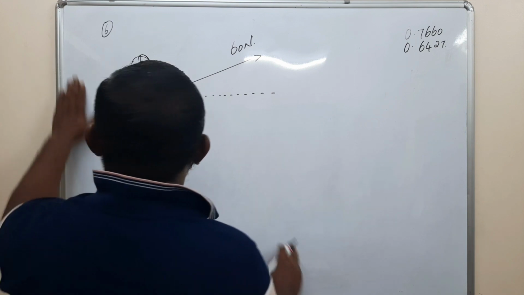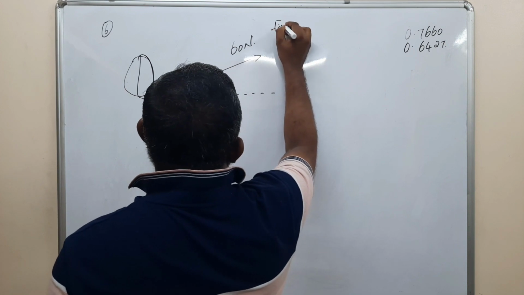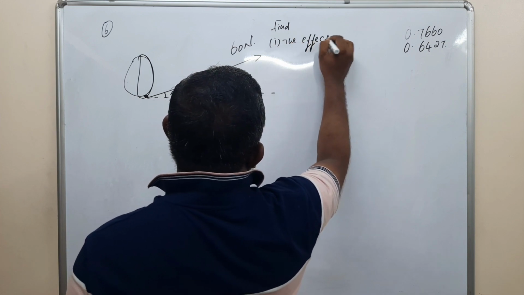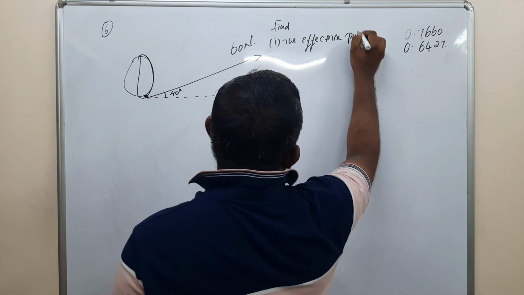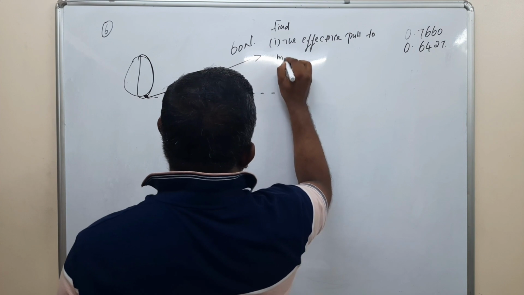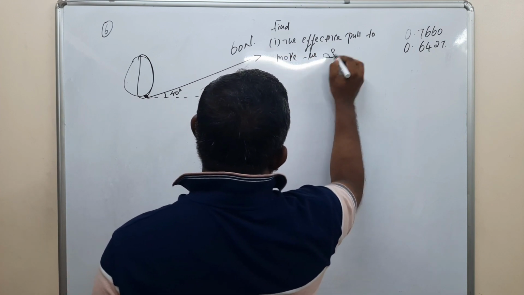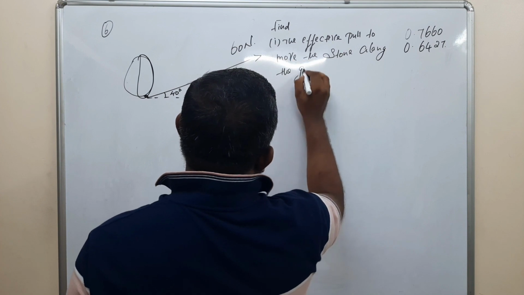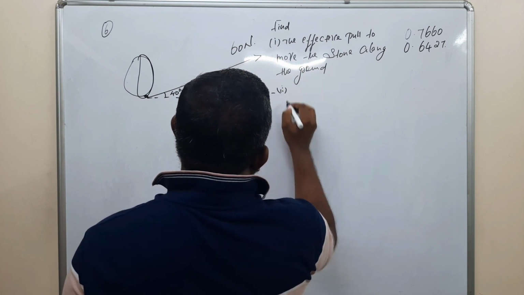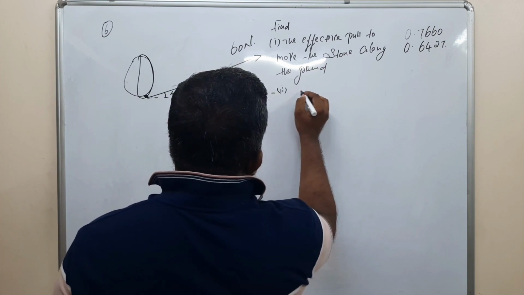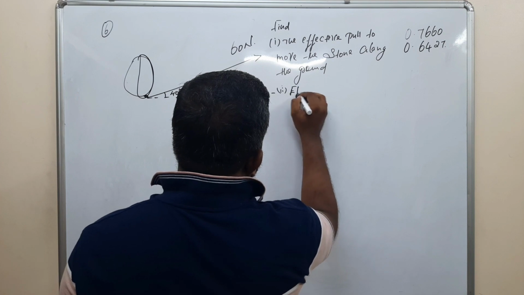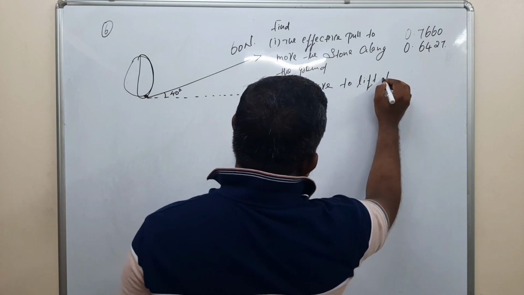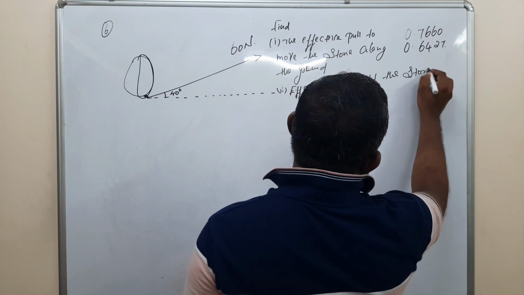So find the effective pull to move the stone along the ground, and the effective pull to lift the stone upwards.